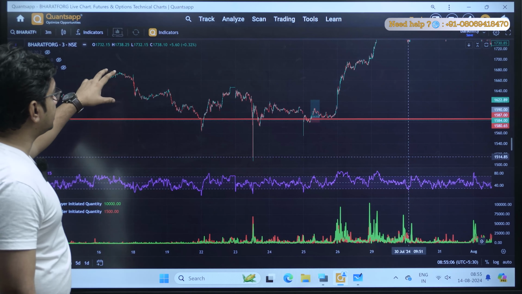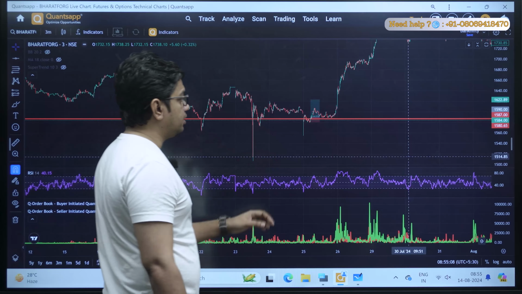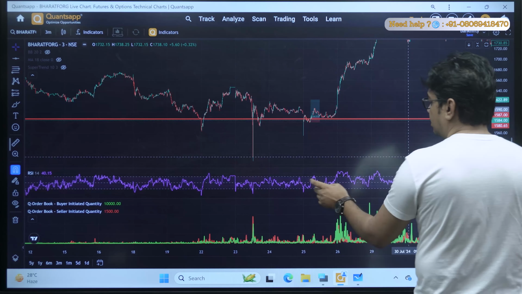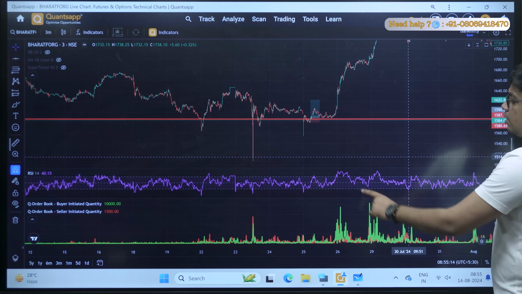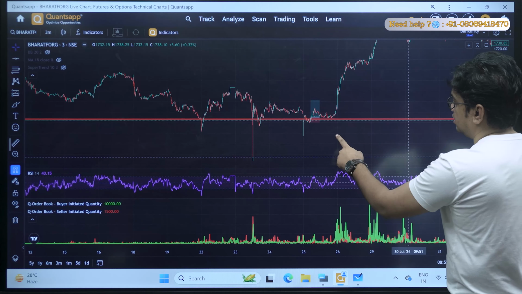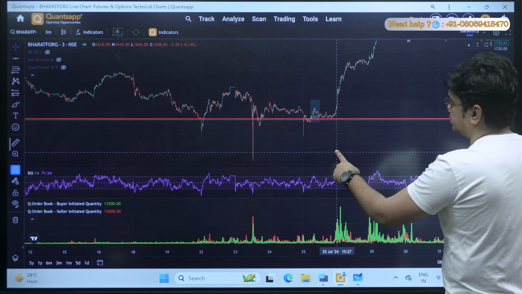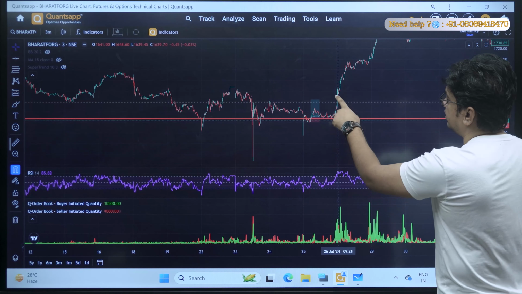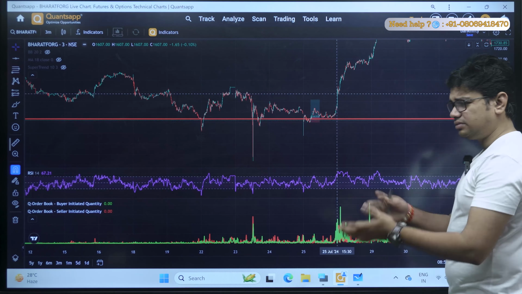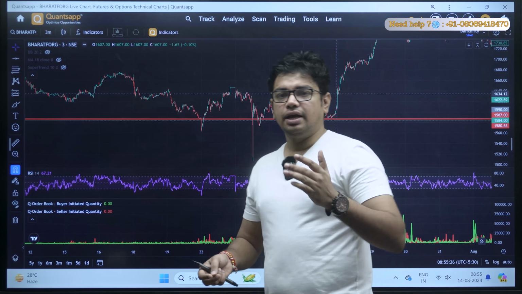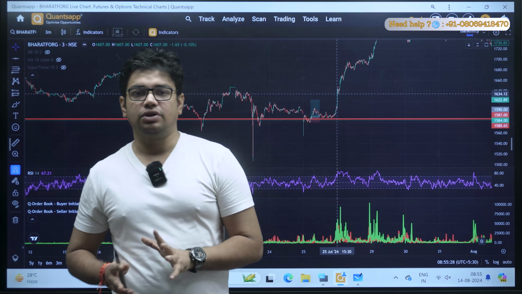One is to select the resistance, and the second is to see the overbought zone of the RSI. Here the RSI entered the overbought zone at 1630. Either of them is good, because at any point of time you are getting a 1:3 ratio.